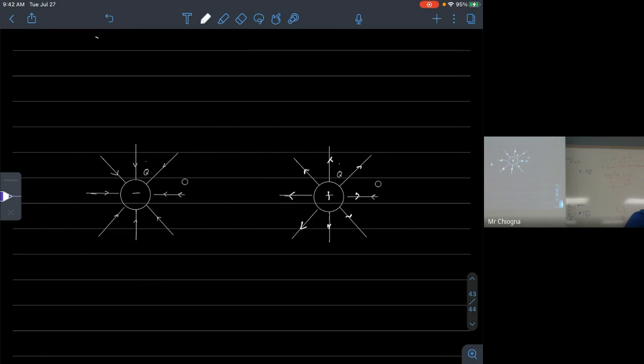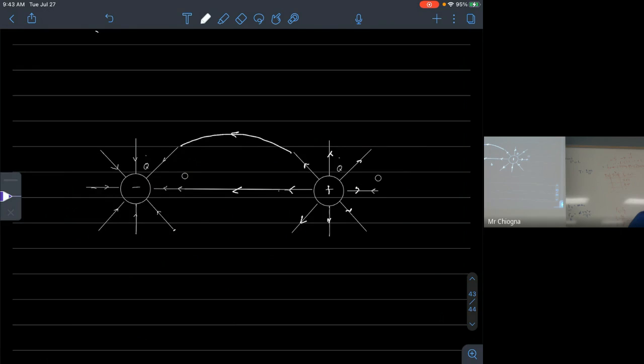So, how do they interact, the positive and negative charge? The arrows point away from the positive and towards the negative. I'm going to have to draw more in another one here.